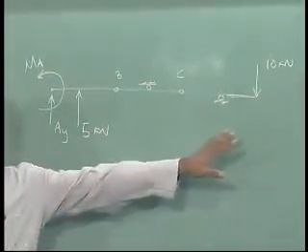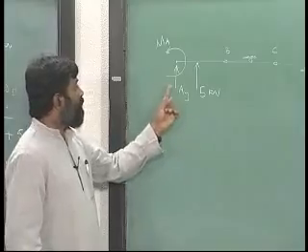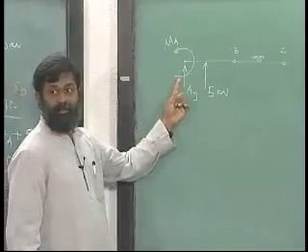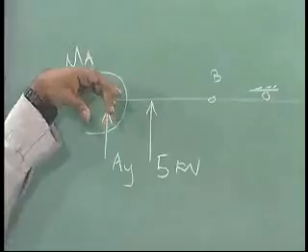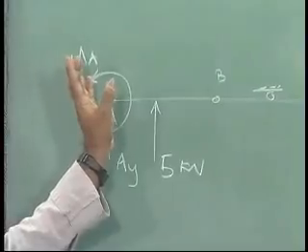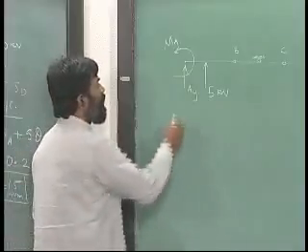This is the body for which I need to find out. What should I apply? I should apply a vertical displacement and a rotation. If I do that, then I will be able to find out. So what will happen?